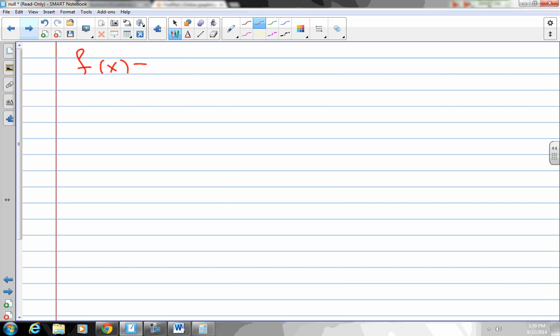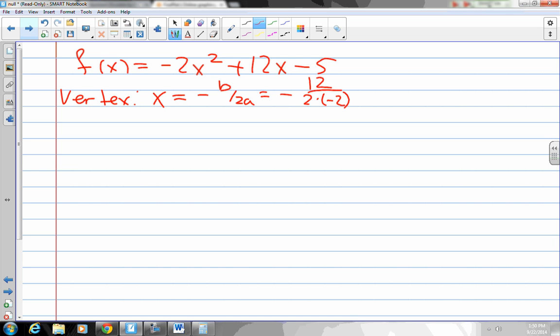f of x, what was that, negative 2x squared plus 12x minus 5? Was that the function? Yeah. So then for the vertex, x equals negative b over 2a, so that's negative 12 over 2 times negative 2. Three. The x value is 3, so that's the x coordinate of the vertex.